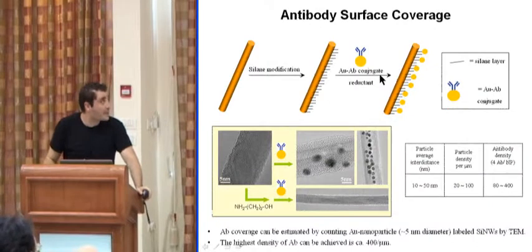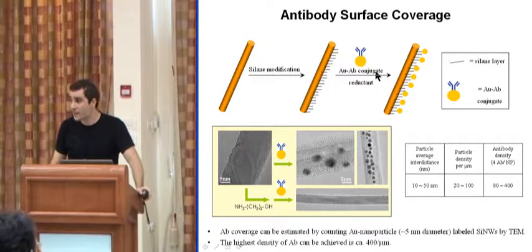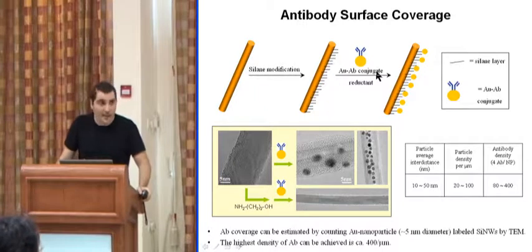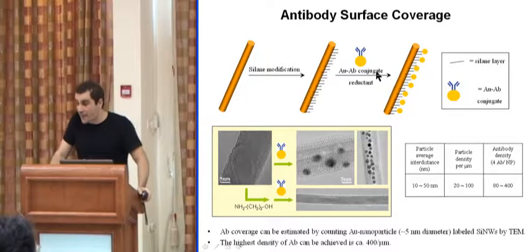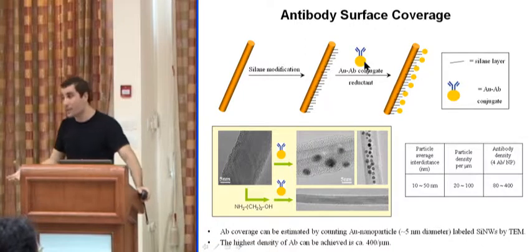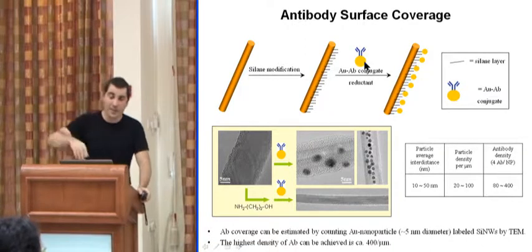So then the next step is to characterize or count the surface density, or the number, of antibody molecules that we have in a single nanowire. That's a challenge because it's very difficult to see a nanowire, and very difficult to see antibody molecules by any technique. So we need to find a way to label the antibody molecules so we will be able later on to count them.